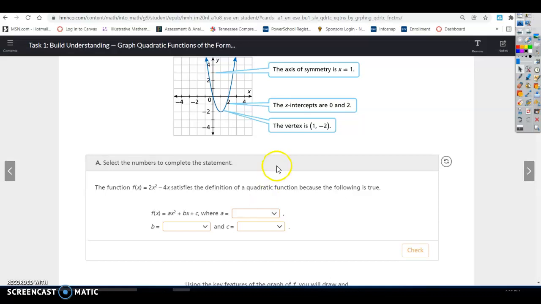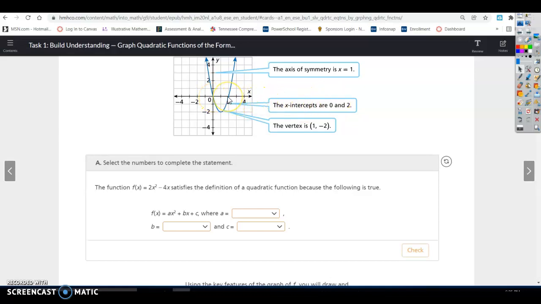All right, it also identifies the vertex here as an ordered pair. Remember, every ordered pair is x first, horizontal, and then vertical. So 1, negative 2 is your vertex. Your x-intercepts are where it crosses the x-axis. So here's 0, 0, but they're just identifying the x's.